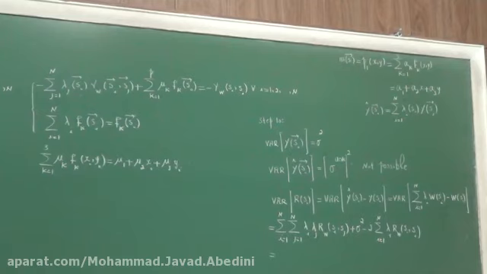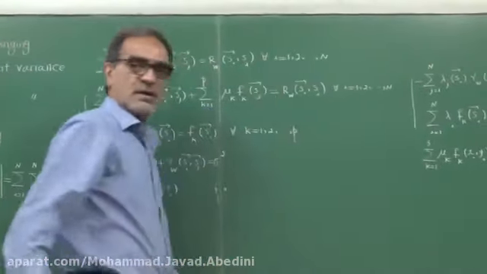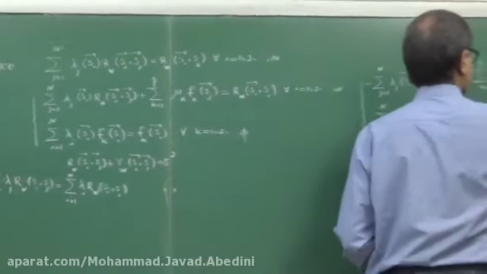Can you look at your notes? This 0 is 0 or i? This should be i. This should be i, and this should be i as well.